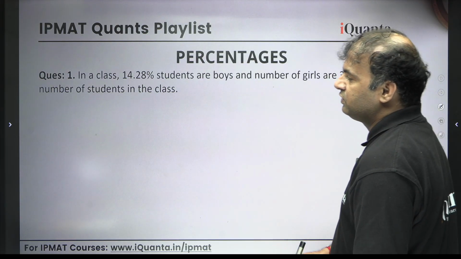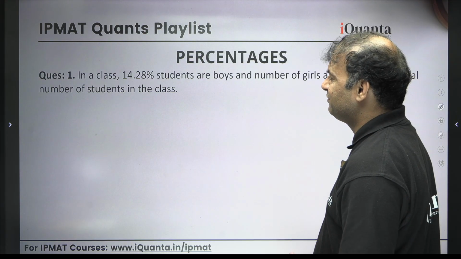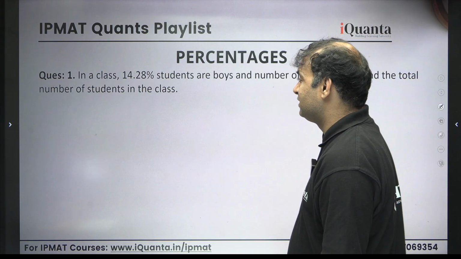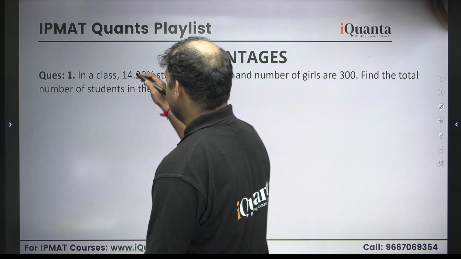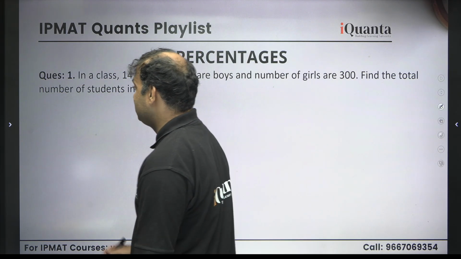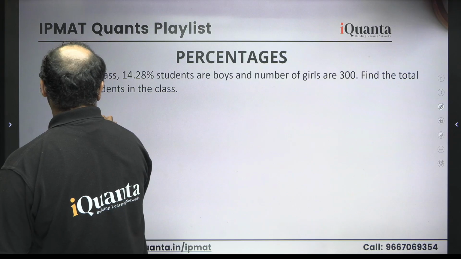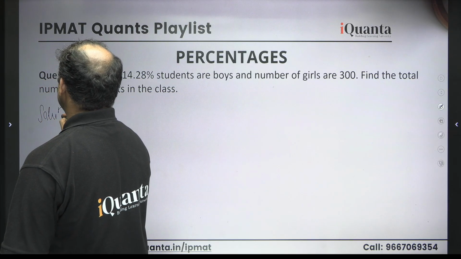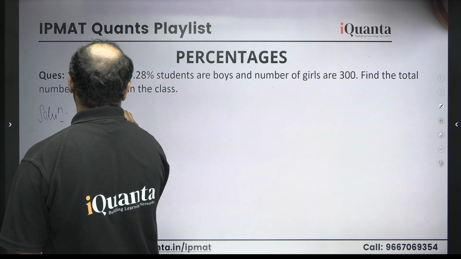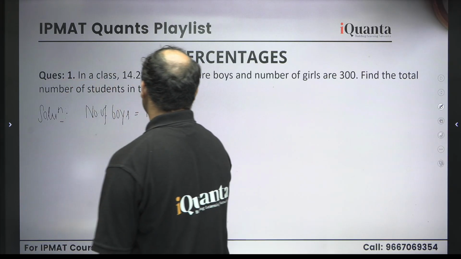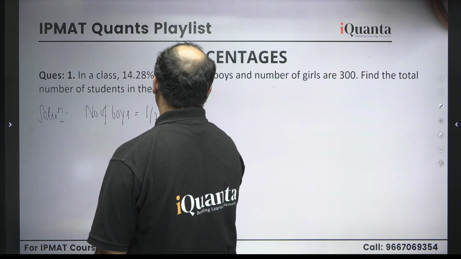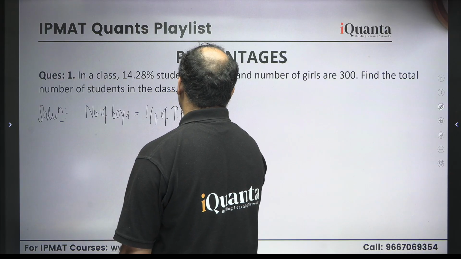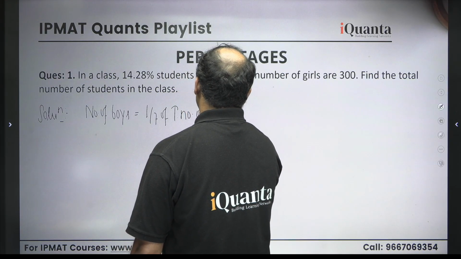They are saying there is a class in which 14.28% of the students are boys. Now we know 14.28% is nothing but 1 upon 7. So we can say the number of boys has to be 1 by 7 of the total number of students.